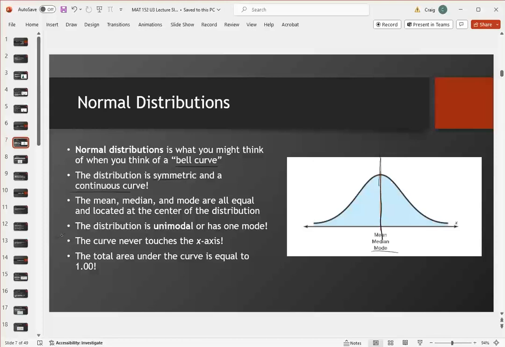The distribution only has one mode. And the curve is never going to reach the x-axis. There's never a region where the probability is 0. It can be really, really close to 0, but it'll never be 0. And then the total area under this curve is equal to 1.